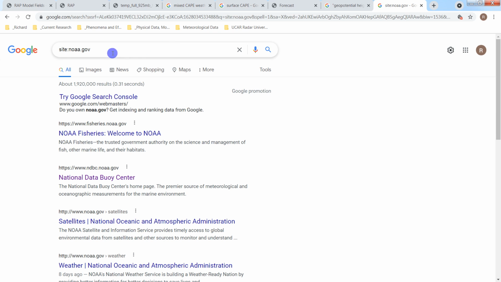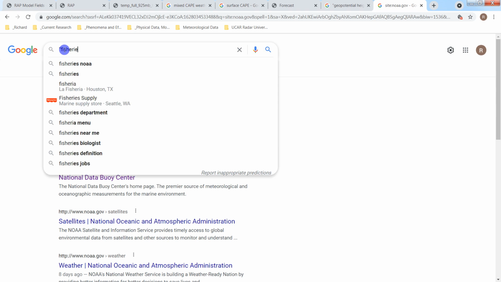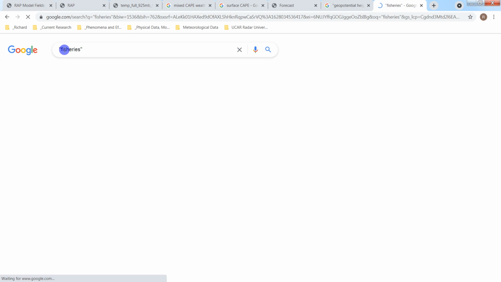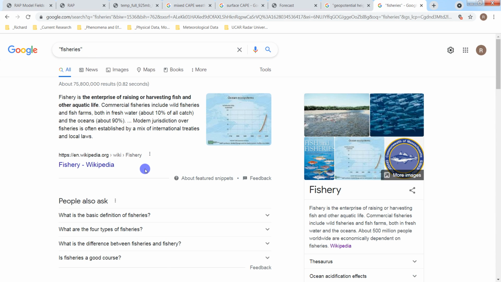So everybody doing fisheries, okay? So how many fisheries are there? I can't even write it in all the languages. I can't even do that many searches. Okay, fisheries, 75 million. A mature global topic group, a mature global collaborative group, and yet everybody is doing their own website, everybody creating their own databases.